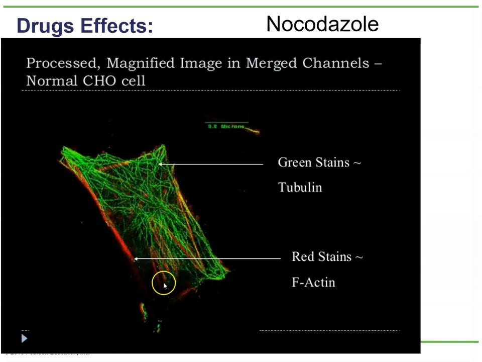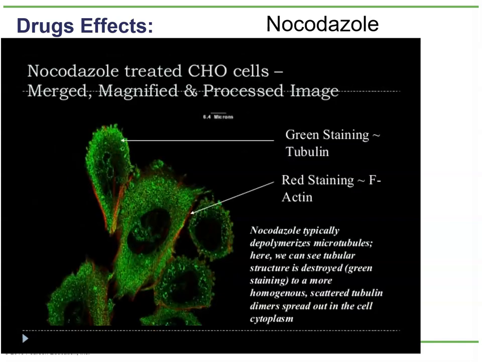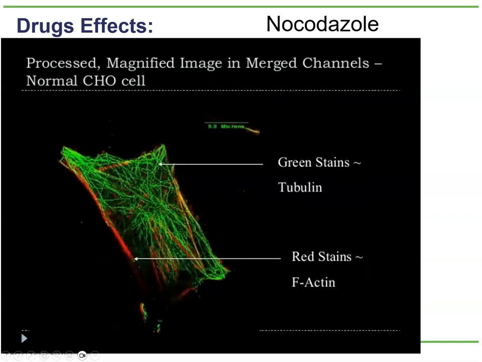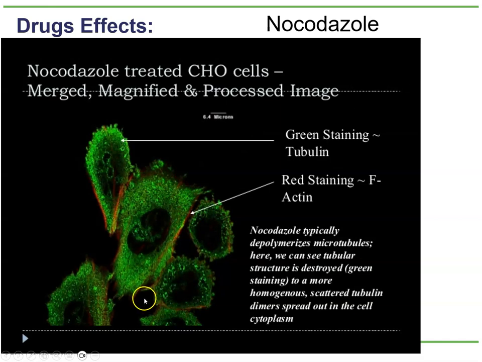This is a picture of a normal CHO cell, and here we'll show you what happens when we do the drug treatment, nocodazole. This treatment changes the structure of the cell quite substantially. The organization is disrupted, and it depolymerizes those microtubules, and you can see the large change in how this cell is organized before and after treatment.